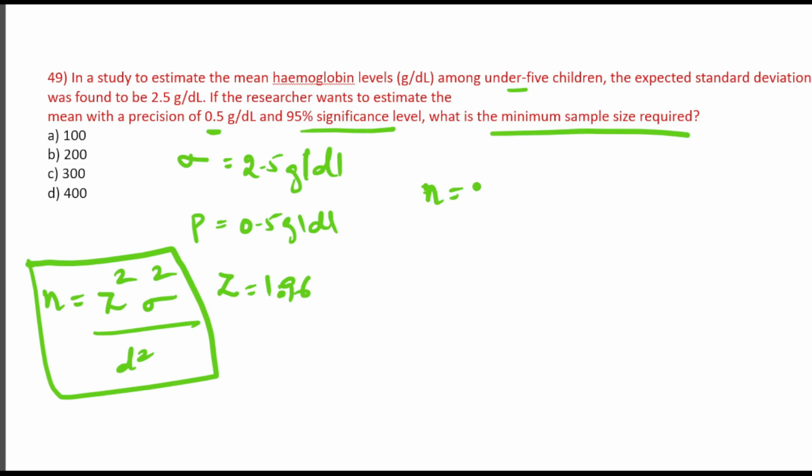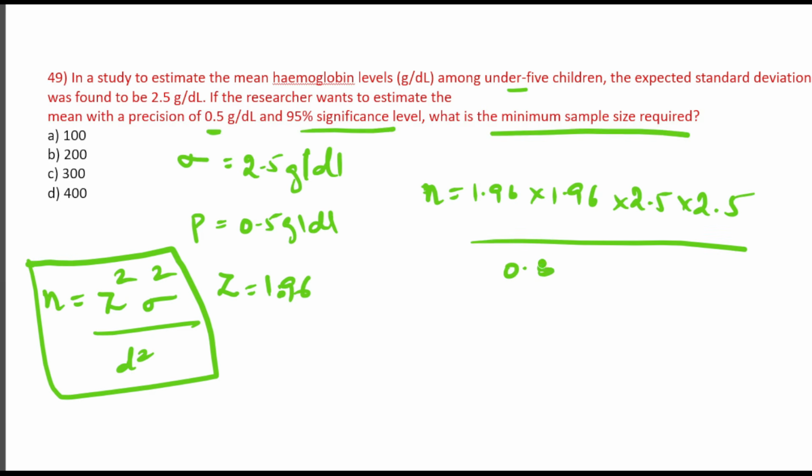Okay, n is equal to 1.96 into 1.96 into 2.5 into 2.5 divided by 0.5 into 0.5. This goes, 5 5s are 25. So this will become 25.